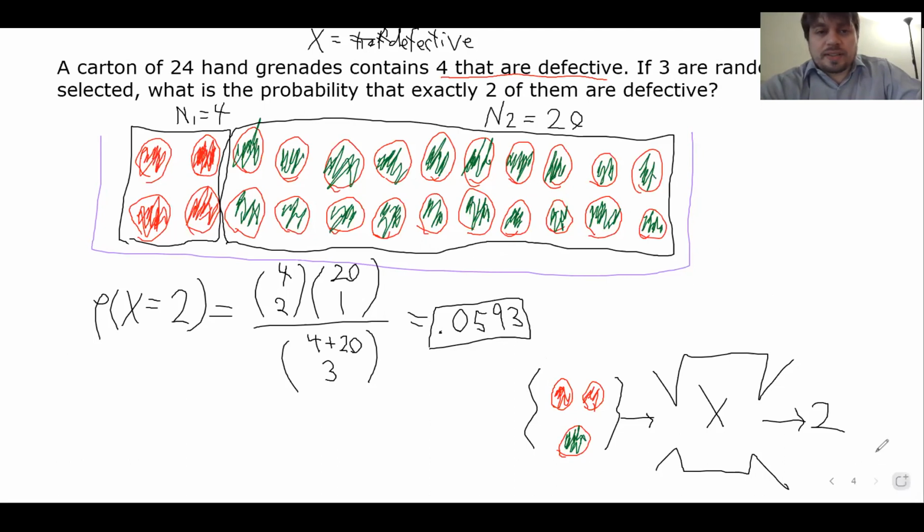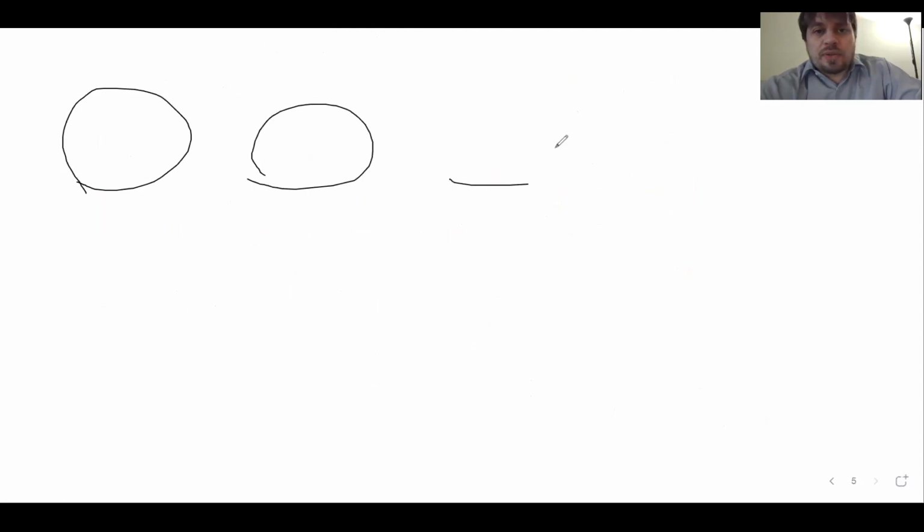Essentially, to make this easy to remember, have this picture in mind: you have this carton. The probability that X equals 2 is like considering all the ways you could choose 3 balls from the carton. You could choose 3 that are bad.